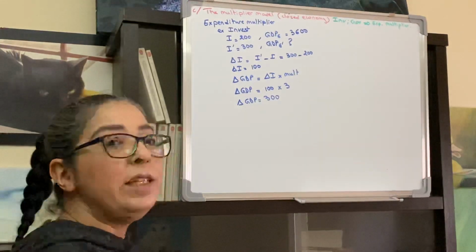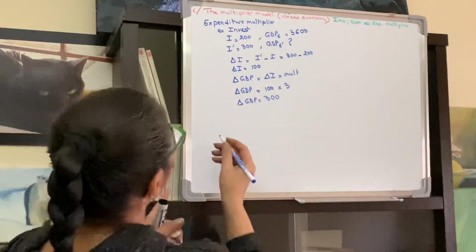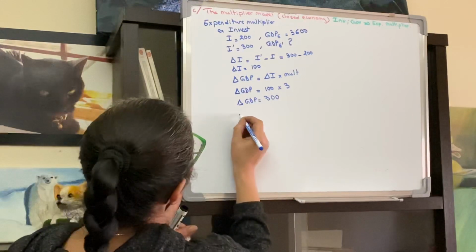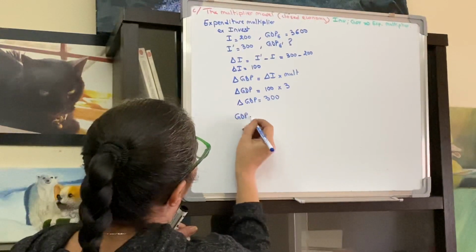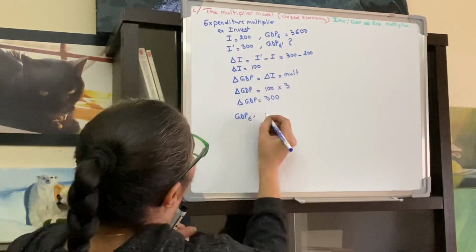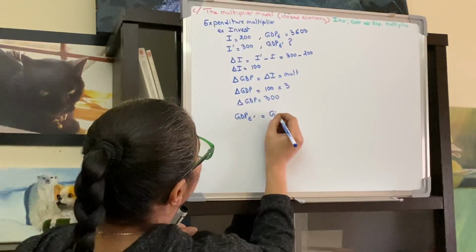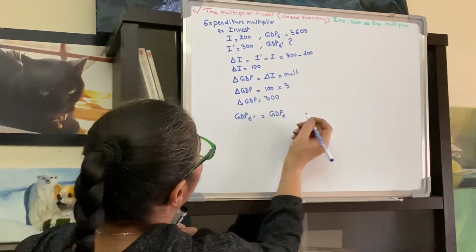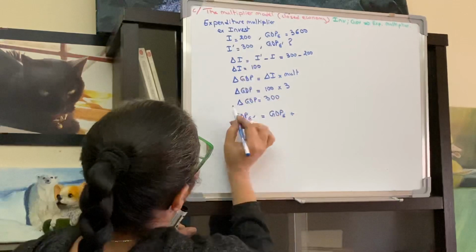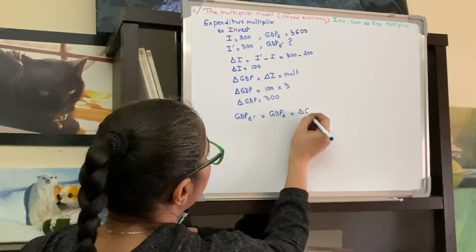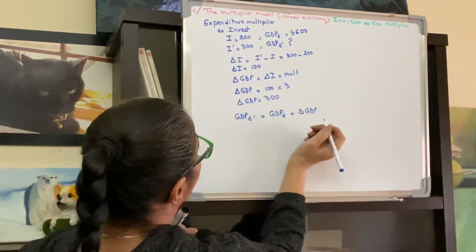Now let's calculate the new equilibrium. The new equilibrium, GDP E prime, is equal to GDP E plus delta GDP, whatever change you have.